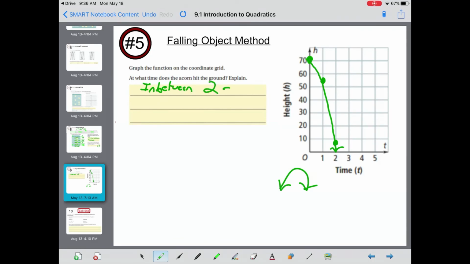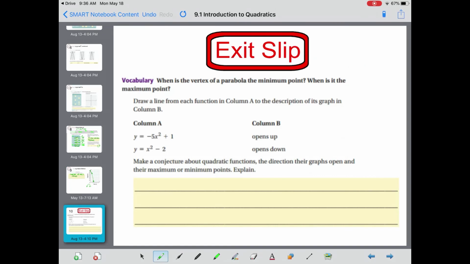At what time does the acorn hit the ground? The acorn hits the ground in between 2 and 3 seconds. When is the vertex of a parabola the minimum point? When is it the maximum point?